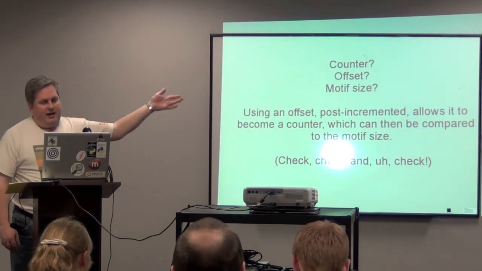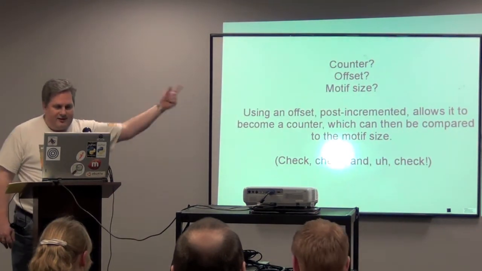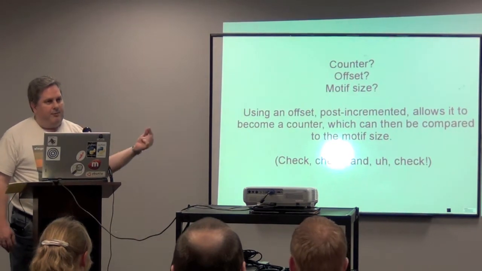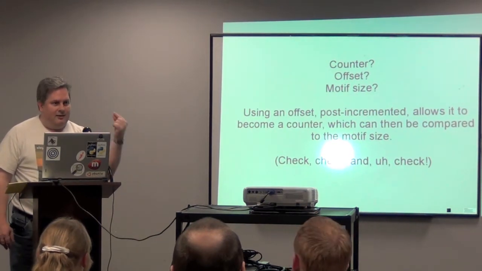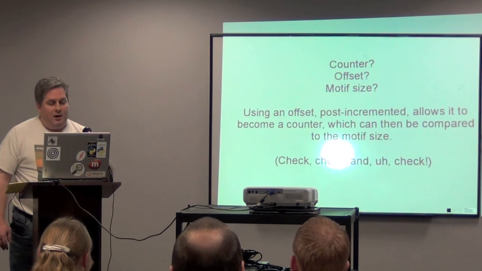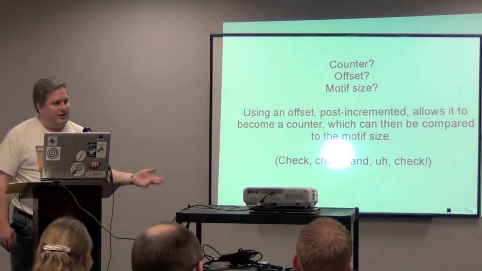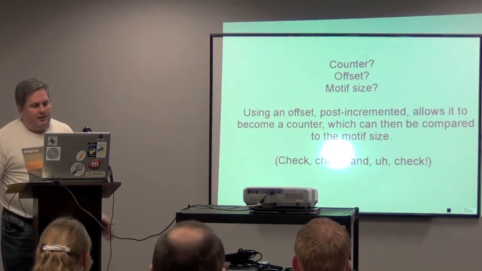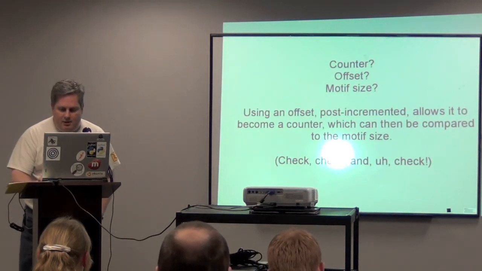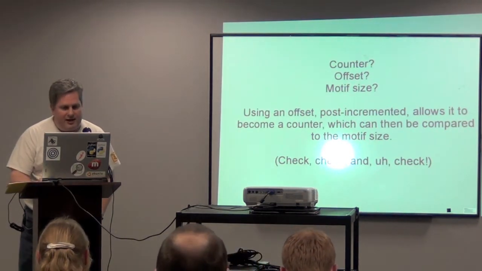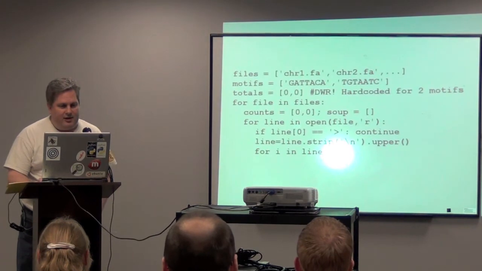It passes, I increment that 6 to a 7, it's the 7th byte, and now I can compare the 7, as in I finished with 7 bytes, with the motif size, which is 7, and go, okay, that one finished. So miraculously I managed to reconcile that particular problem.